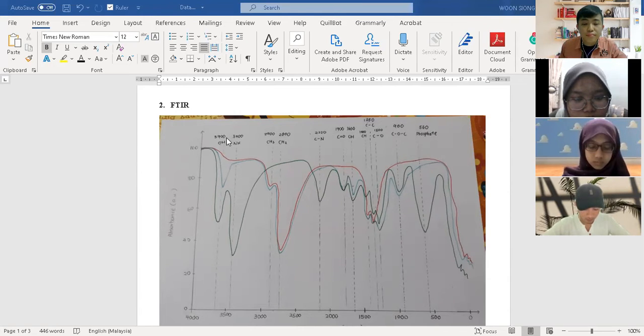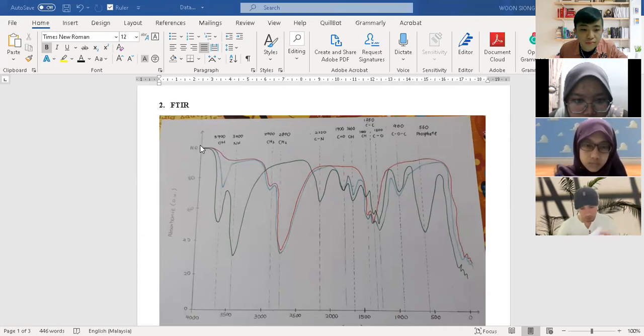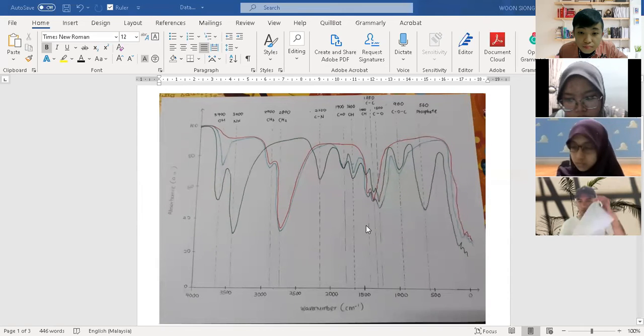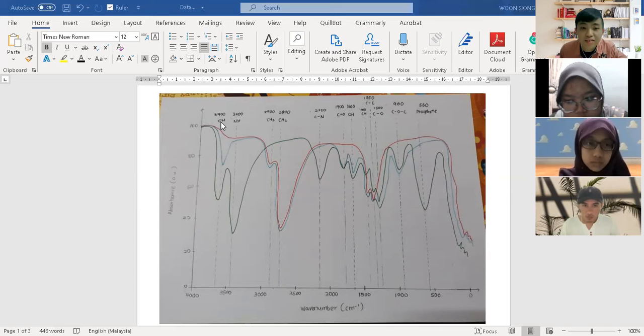For example, here this red color is lipid mRNA, the green color is for mRNA, and the blue color is for only lipid nanoparticle. Each atom in the functional group will only absorb at a specific wavelength. For example, OH will absorb at the wavelength 3500. So, Tika, do you want to add anything?